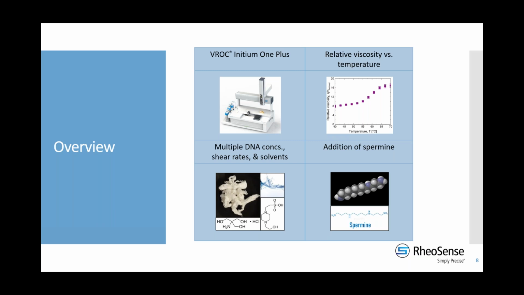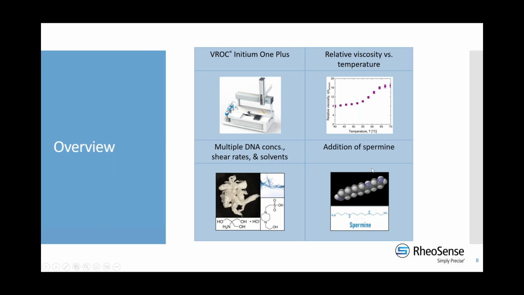Mainly the data we'll share is relative viscosity as a function of temperature during our heating and cooling cycles. We're first going to look at the transitions of the DNA, looking at how the concentration of the DNA itself influences this. How does this transition manifest differently depending on the shear rates that we're operating at, and how does the solvent composition impact these transitions?